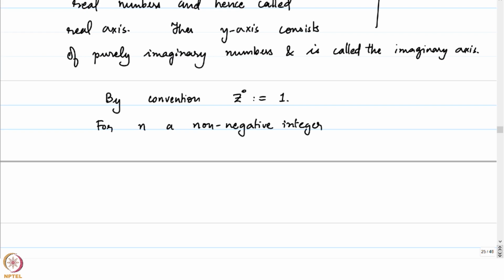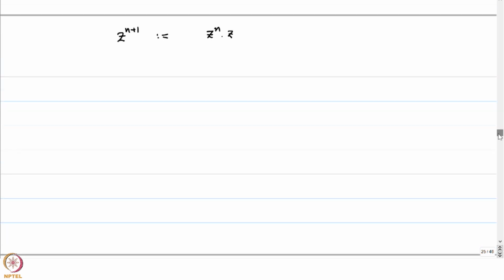We will define z to the power n inductively. In fact, z^(n+1) is defined as z^n times z, assuming that z^n has already been defined. Oh yes, by convention 0^0 is also defined to be 1. That's for non-negative integers.